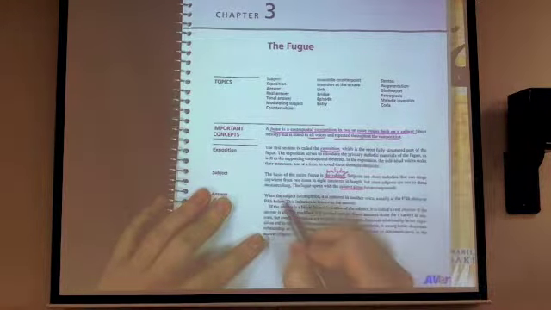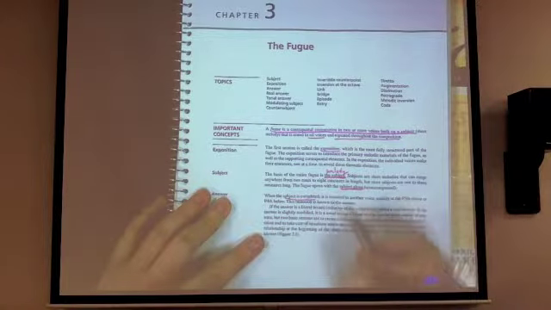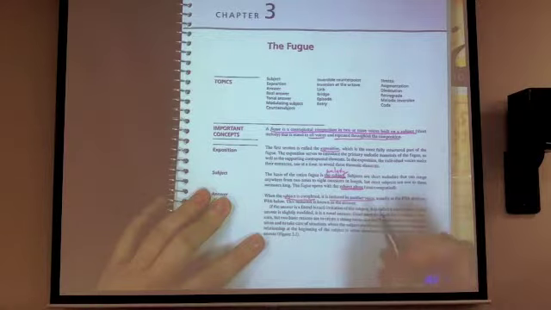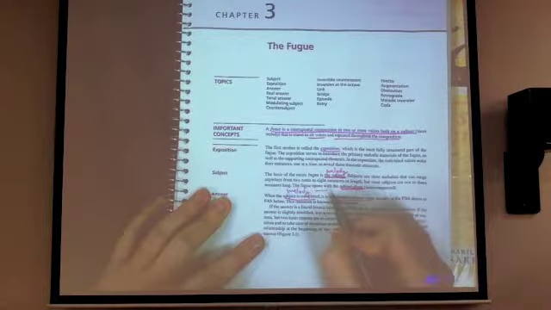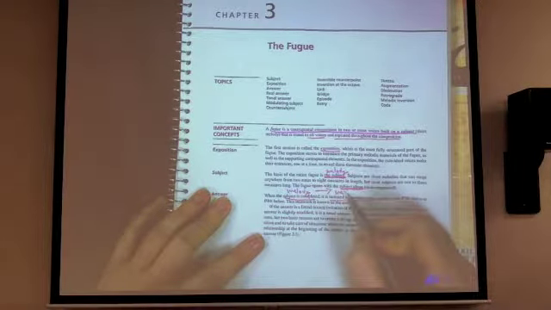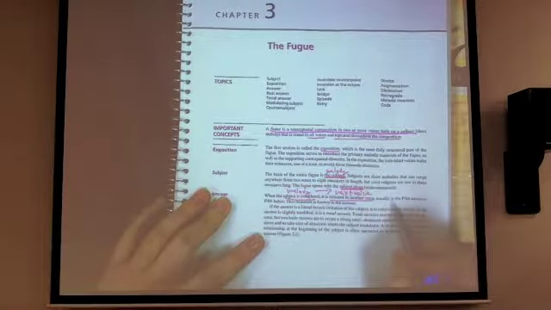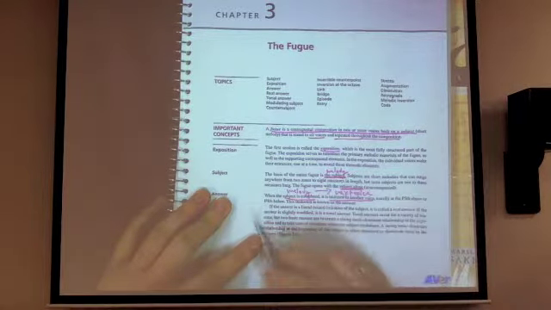So when that subject is completed, it is imitated in another voice. So basically, this melody gets passed along to the next voice. All right? It's usually at the perfect fifth, aka the dominant, or the perfect fourth below.